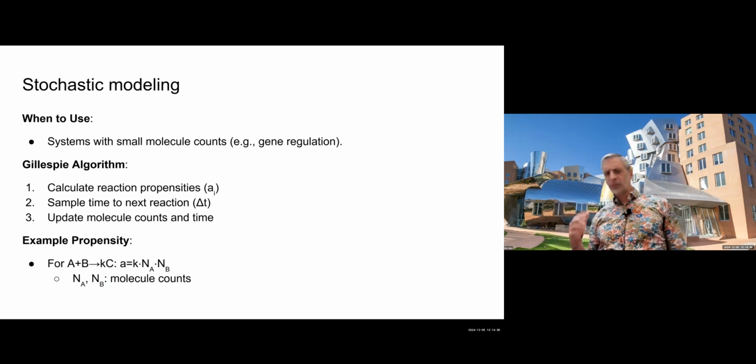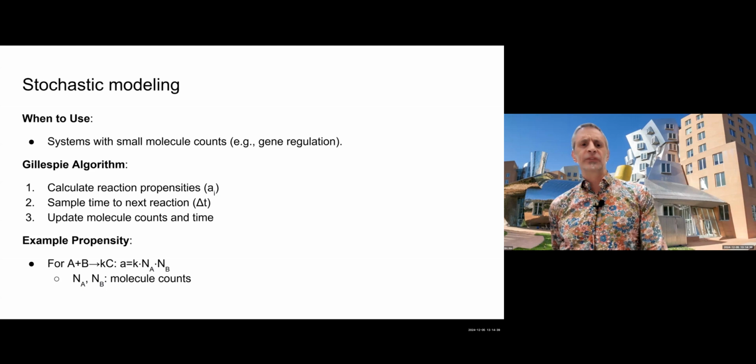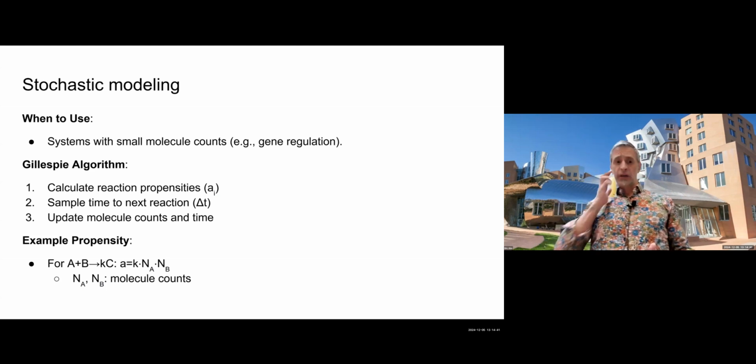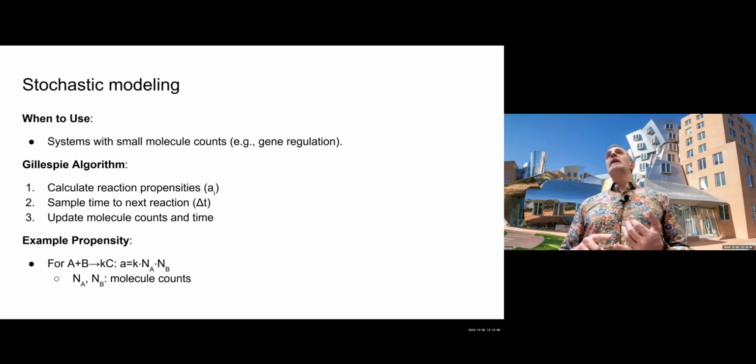So the idea behind Gillespie is we're going to do essentially 3 things. First, we're going to calculate something that they call the reaction propensities. And a reaction propensity is sort of like, given the current state of the cell, and that includes how many of, let's say, each of the substrate molecules there are in the cell, what is the rate of the reaction?